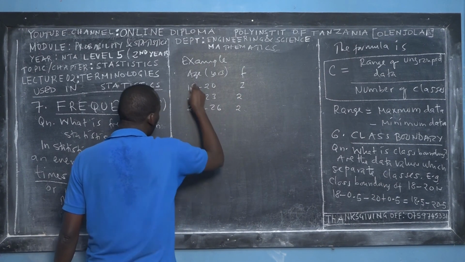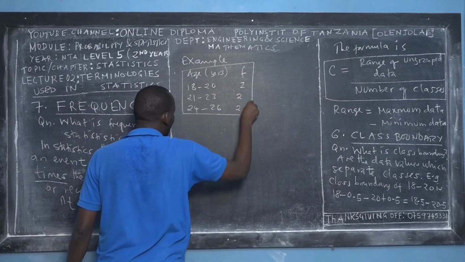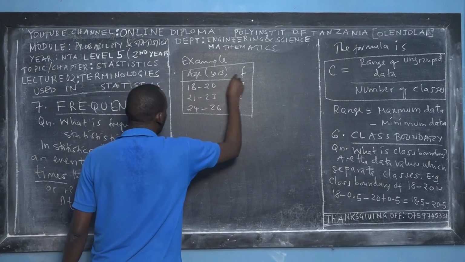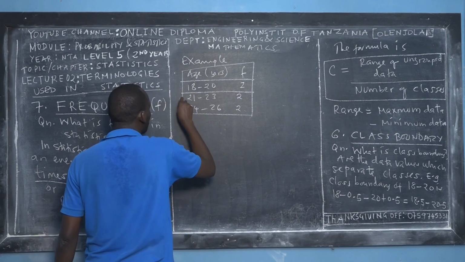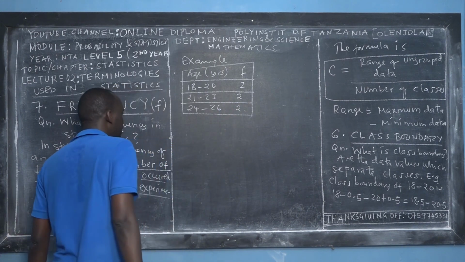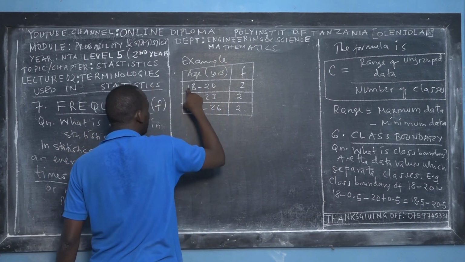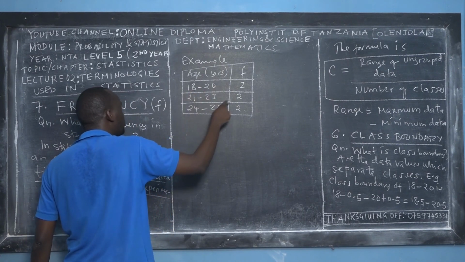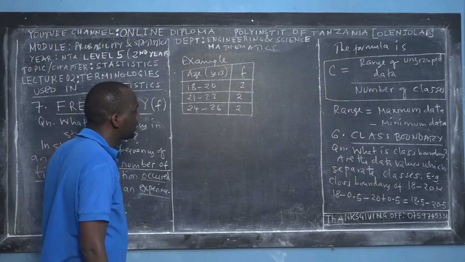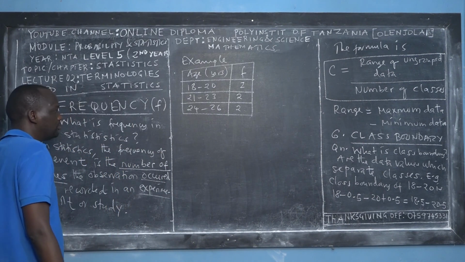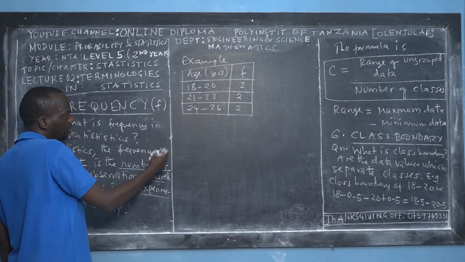So what does it mean? Within the range from 18 to 20, how many observations have been recorded? 2. So the frequency of the class interval from 18 to 20 is 2. Then between 21 and 23, how many observations have been recorded? 2. Between 24 and 26, how many? 2. So the frequency is 2.